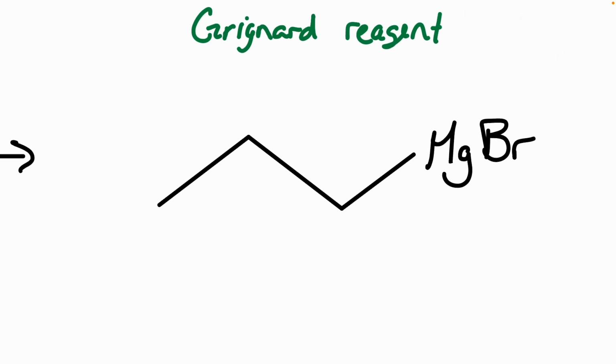So this guy in this bond is not holding on to many electrons, and all of those electrons in that bond are sitting on that carbon.